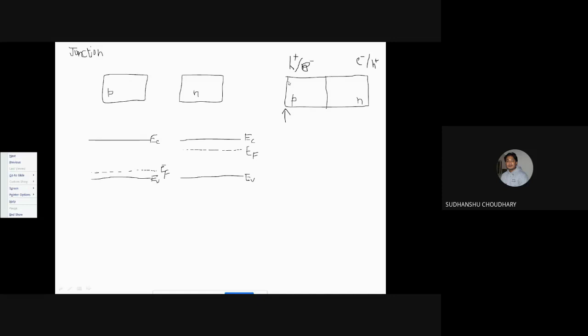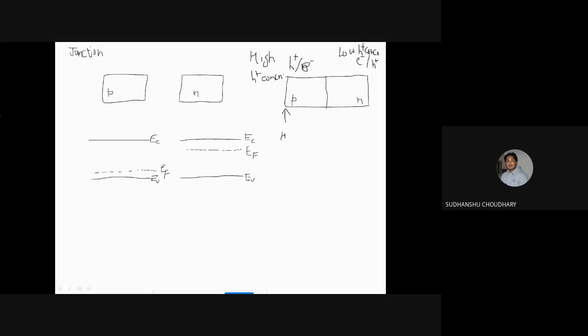That is, I have a high hole concentration in this region and a low hole concentration in the N region.